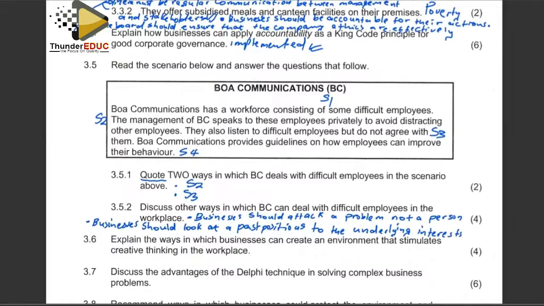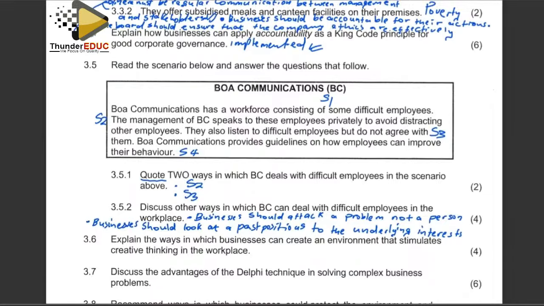Okay, right, grade 12. So now we are saying that in order for businesses to deal with difficult employees, they should attack a problem, not a person. And also businesses should look at the past positions to the underlying interest.